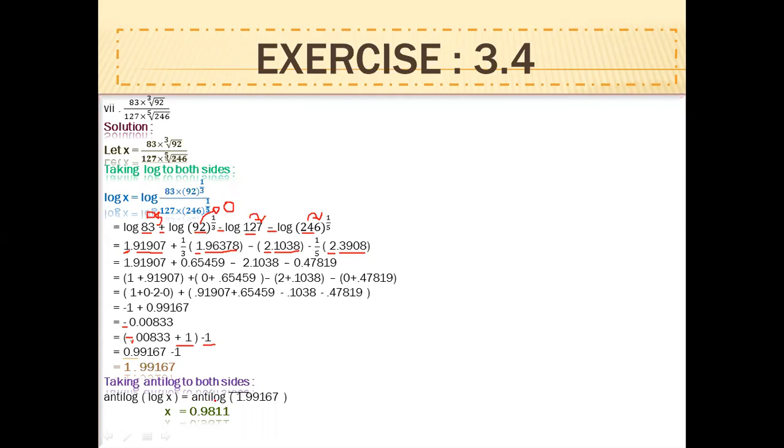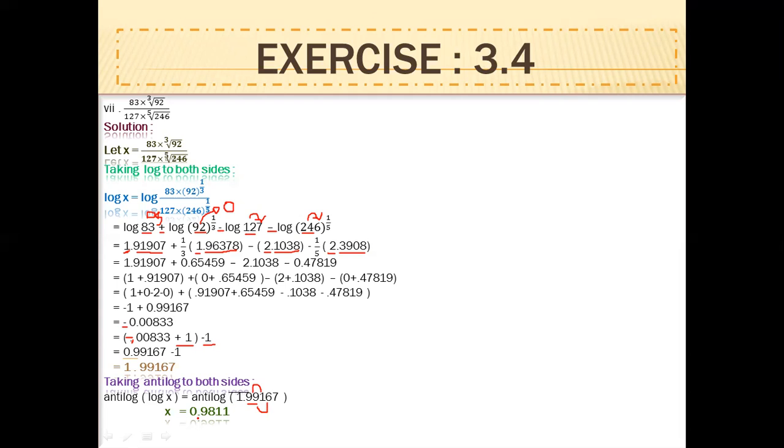Antilog of log x is equal to antilog of minus 1.99167. You check 0.99 in the column of 1 and in difference 6 in the antilog table, because in the antilog all the numbers start with decimal. Characteristic is minus 1.